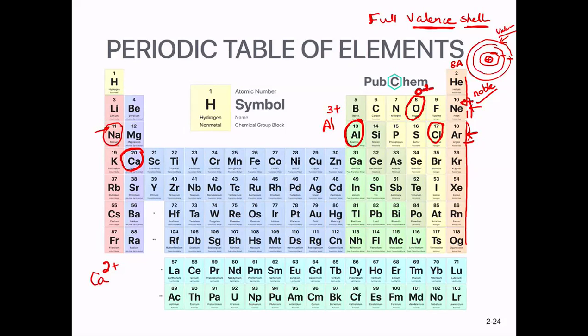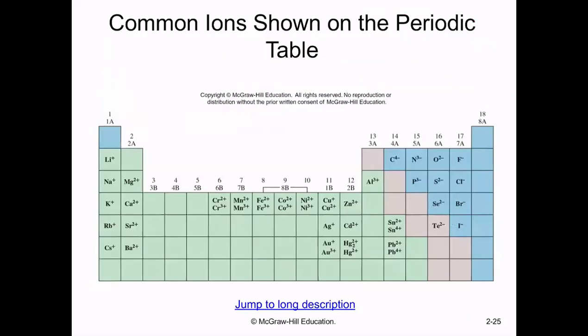Okay, so I'm going to go over to the next slide and show you a table which is in figure 2.11 in your textbook, and that table has all the ions I'm referencing. Okay, so here's the table. You can see elements in group 1A all form ions with a +1 charge, with the exception of hydrogen.